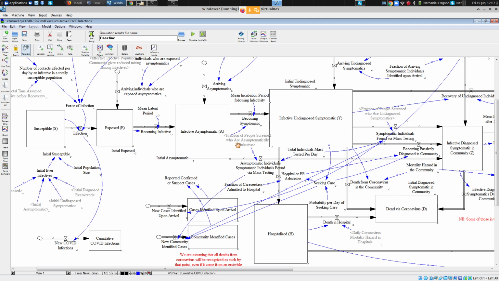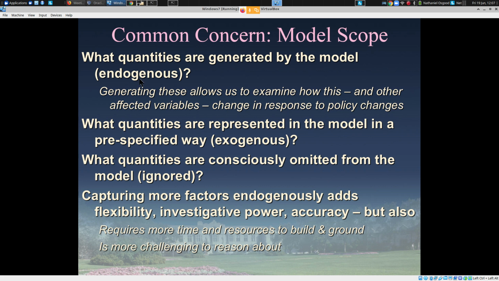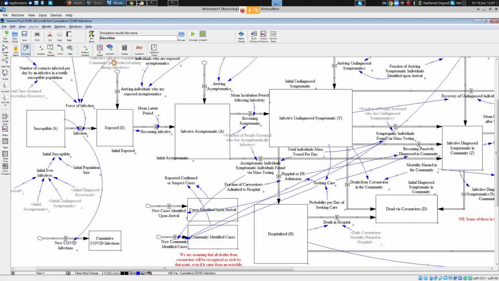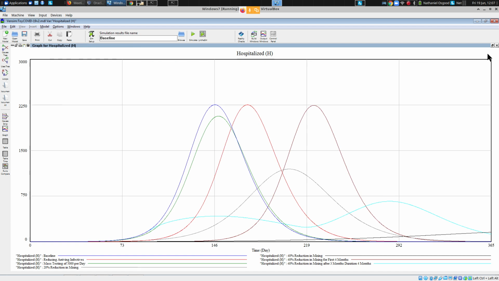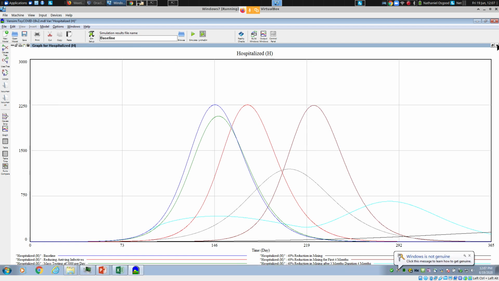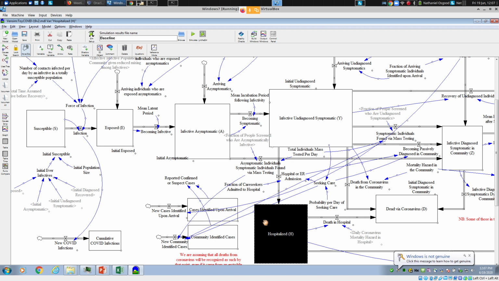Some factors in a model are what we call endogenous. They are generated by the model. We don't tell the model these factors. The model tells us what the consequences are in terms of that factor. Hospitalized is an example here. We're not specifying the shape of this curve over time. The model is specifying what is induced on that curve, what is generated, what results for that.